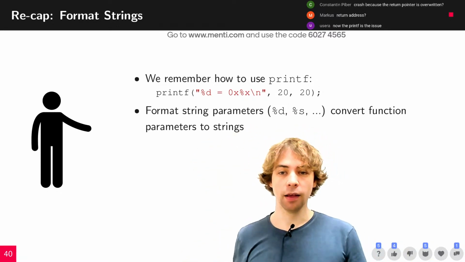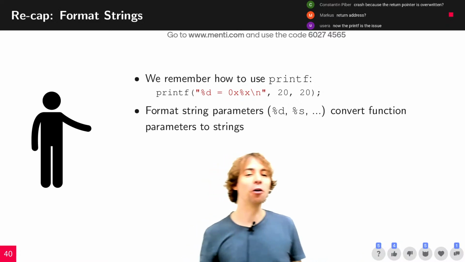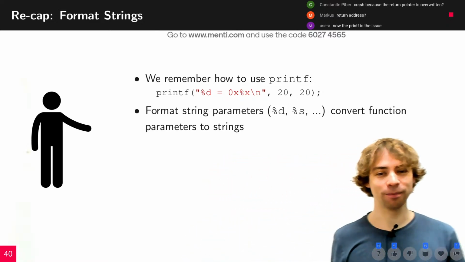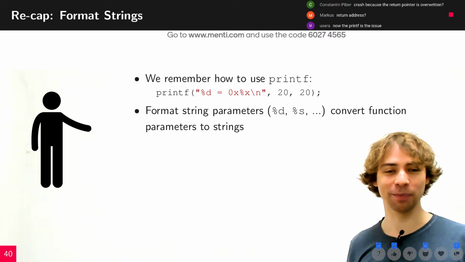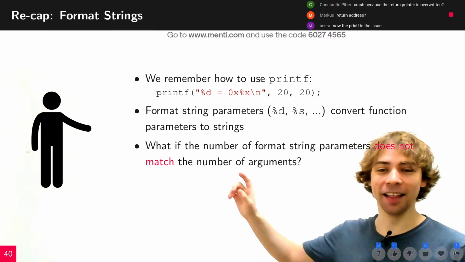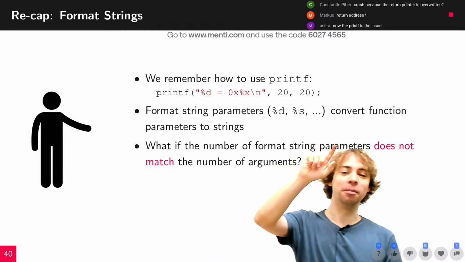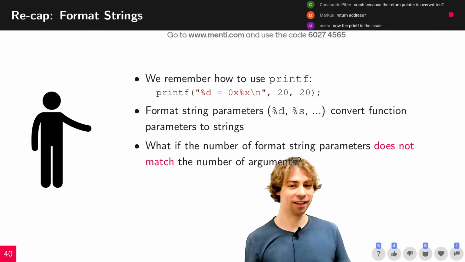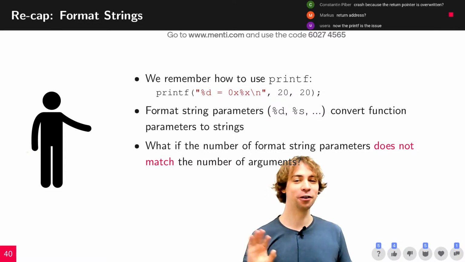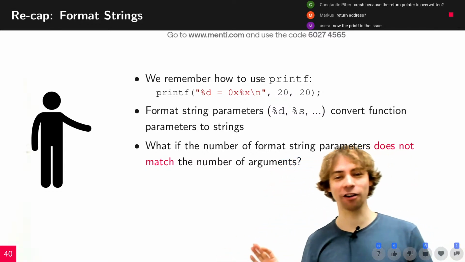And one bug that you might already have experienced yourself, and it's super annoying if you run into it, is that the number of format string parameters does not match the number of arguments. I'm sure many of you have run into that bug already.